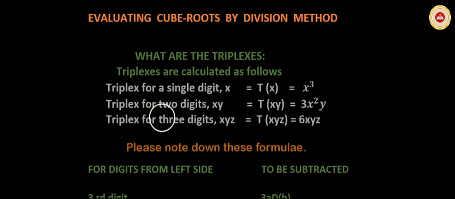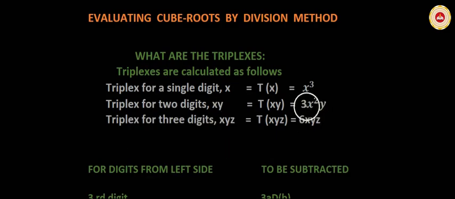How to calculate triplex for 2 digits, xy? 3 multiplied by the square of the digit at tens place multiplied by the digit at units place. How to calculate triplex for 3 digits, say xyz? 6 times, that means 6 multiplied by the digit at hundreds place multiplied by the digit at tens place multiplied by the digit at units place.